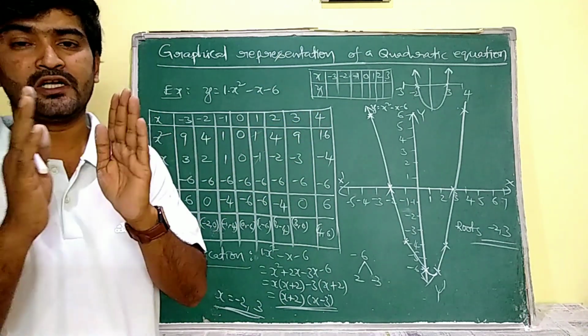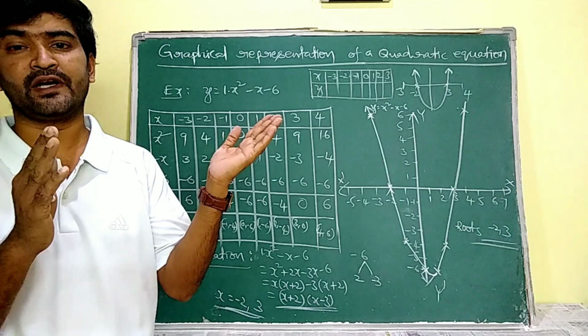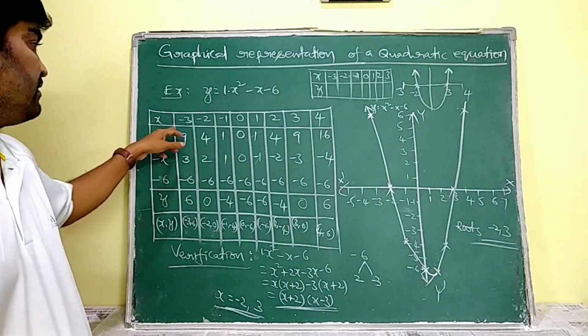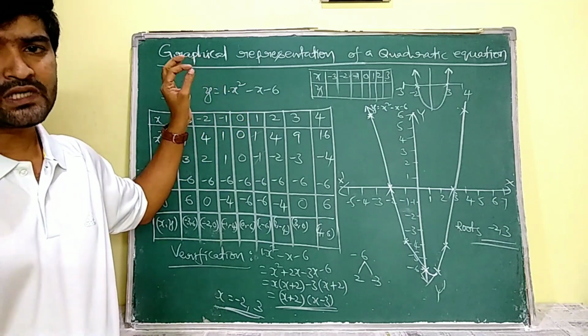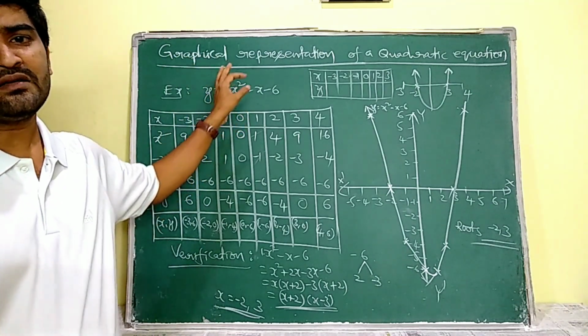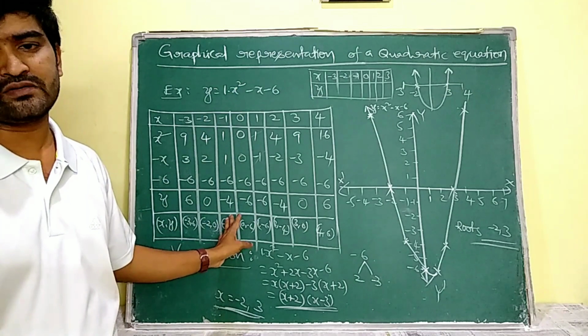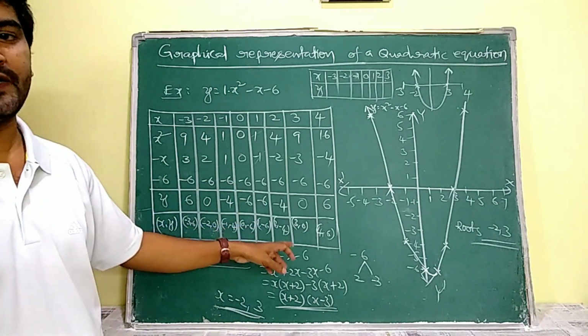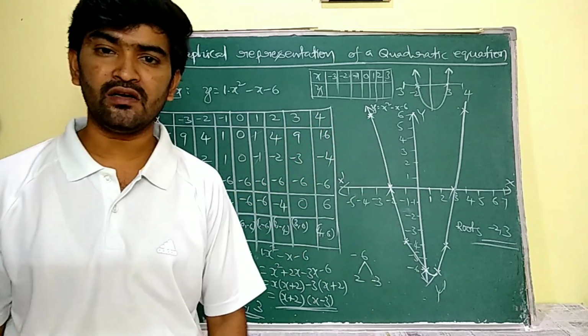You have to consider one value on the left side and one value on the right side of the obtained values. Then substitute the values in the polynomial to obtain the y values. After obtaining the y values, the points are obtained, and those points are plotted on the graph sheet.